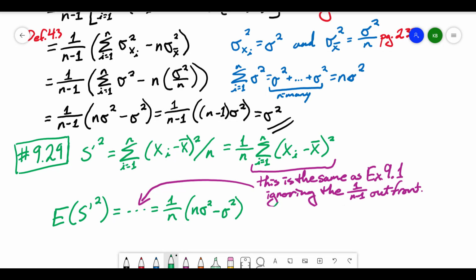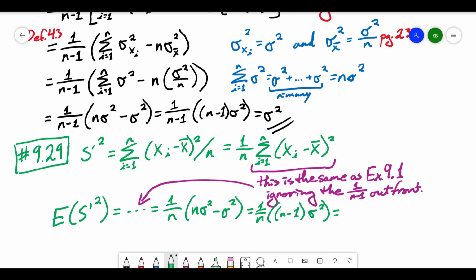So I'm basically going to skip ahead to that last and final step where I have 1 over n minus 1 times the quantity n times the variance minus the variance in our example. And I'm going to look at it when I have 1 over n times the quantity n times the variance minus the variance. This is the difference that'll happen between example 9.1 and problem 9.29.